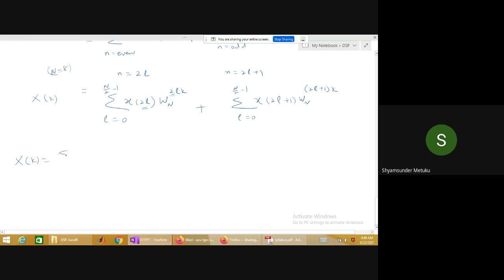In general, if your n is equal to 0 to 8 or 7, you should consider, then I'll write x of n wn to the power of nk.